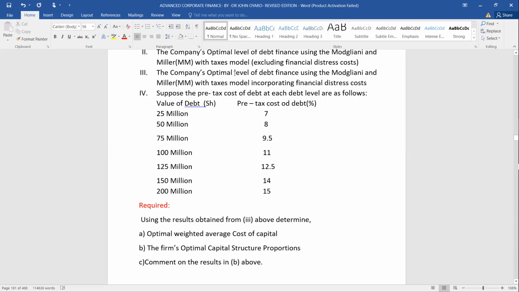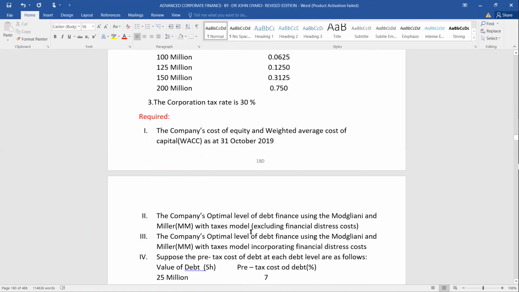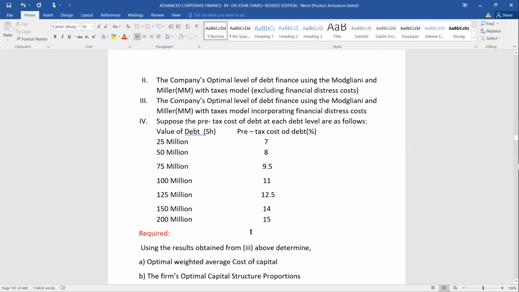Using the MM4 model, determine the optimal weighted average cost of capital, and the firm's optimal capital structure proportions. Then comment on your results in B above. Why am I interested in B? Are you guys seeing where my mind is headed?